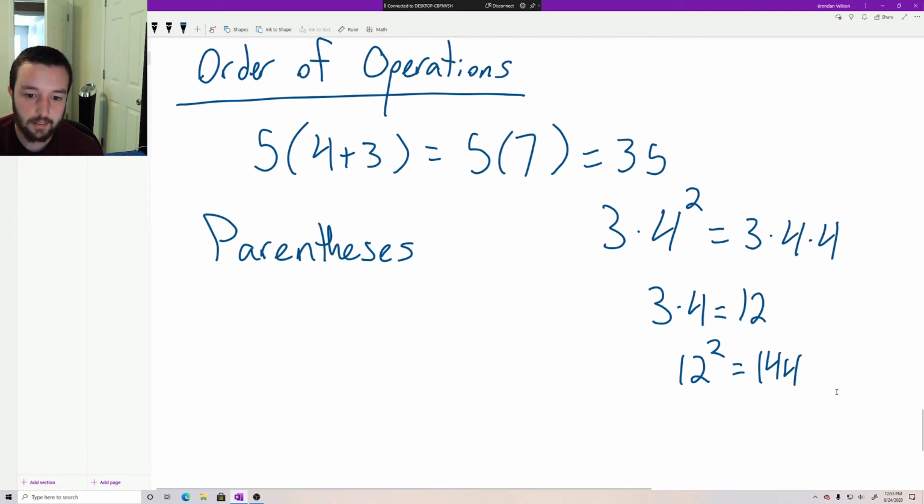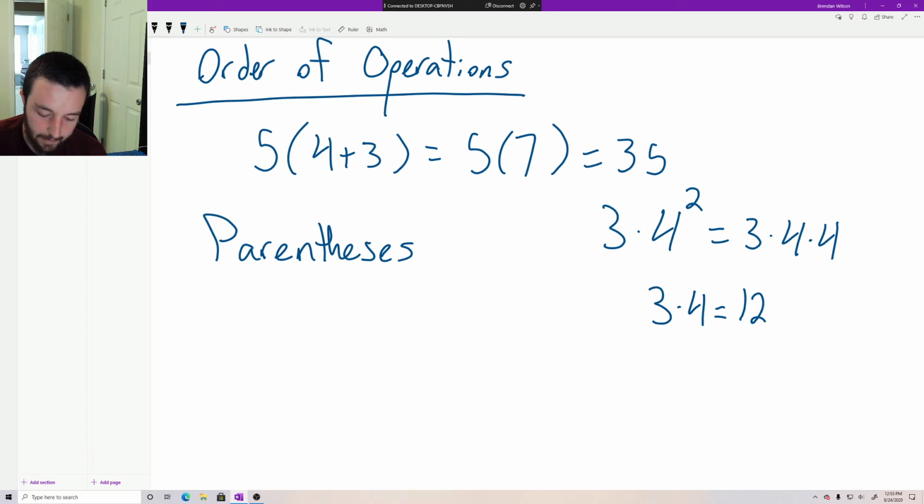The reason for that is that if we do 12 squared, well, we know 12 is 3 times 4. So this is like doing 3 times 4 times 3 times 4.